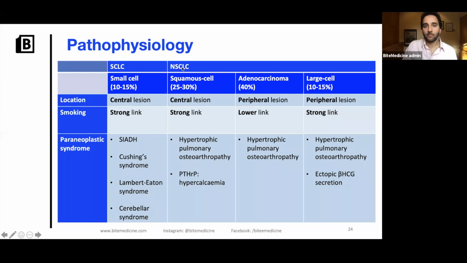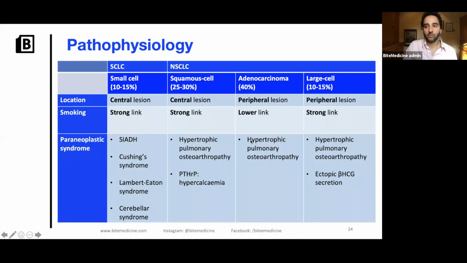Non-squamous cell lung cancers can cause hypertrophic pulmonary osteoarthropathy. Essentially it can cause finger and toe clubbing, and you get swelling of your joints. And like we talked about, parathyroid hormone-related protein can cause hypercalcemia in squamous cell lung cancer.